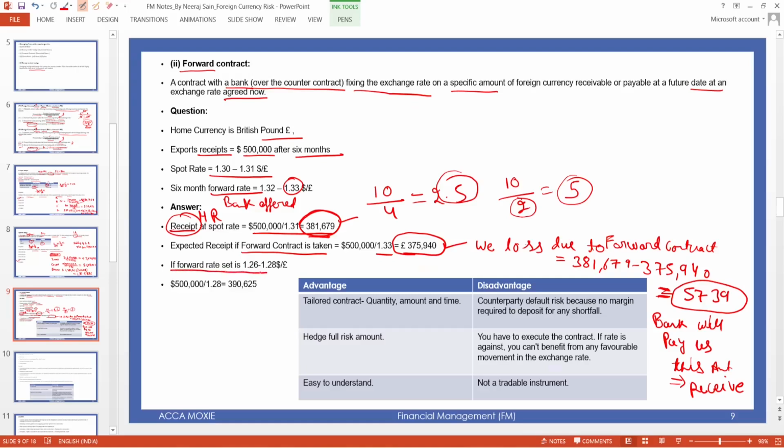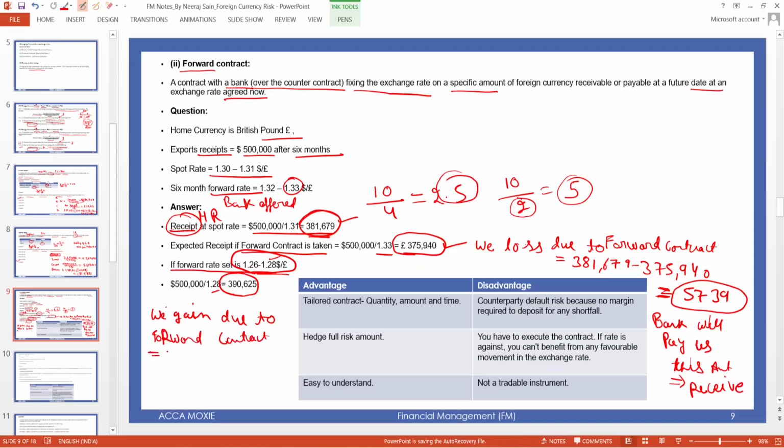But for example, if the forward rate we set is this, I am assuming right now just for the example, then we have to use this rate. So now we are getting more due to the forward contract. Because we are getting more due to the forward contract, we gain due to the forward contract.